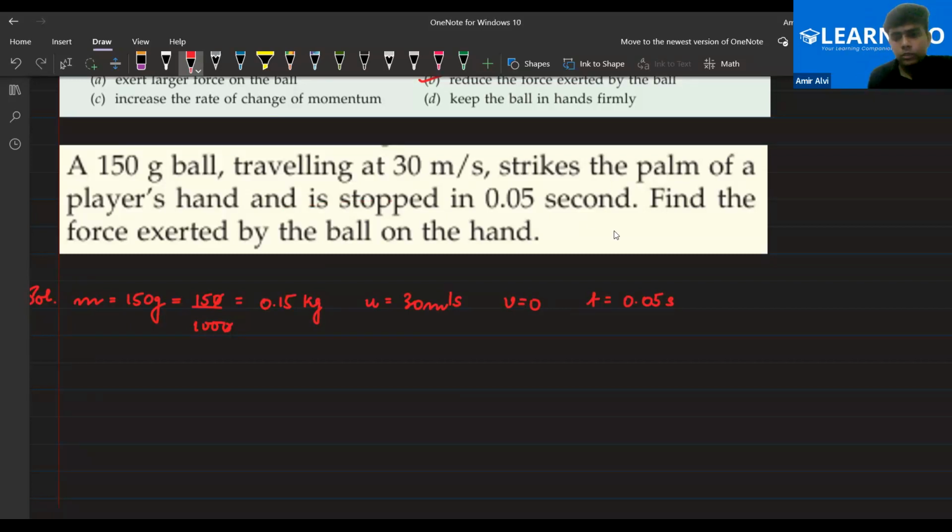Okay, so we need to calculate the force. 90, okay Farhan, the answer is right. Sir, 1 minute, sir. Check. Do it fast.